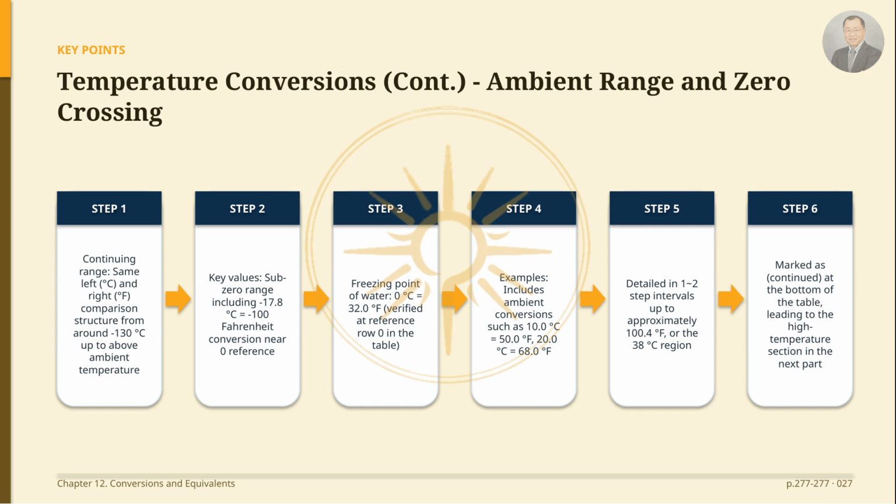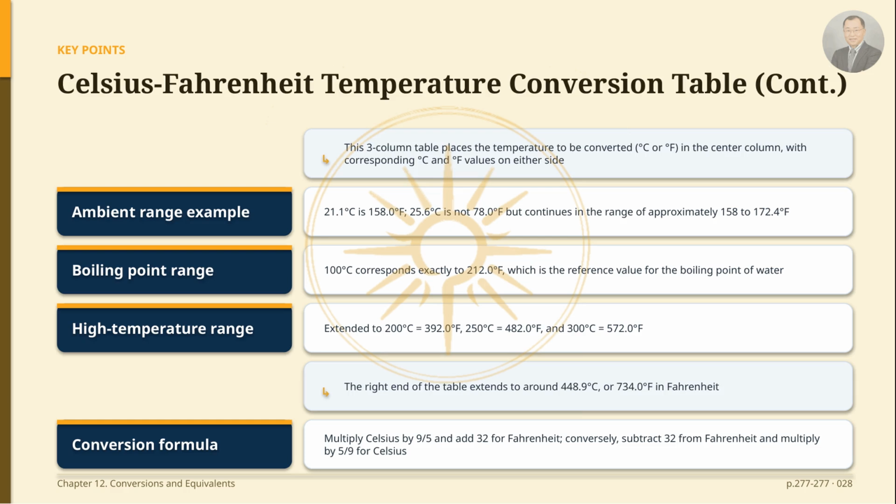This is a reference table summarizing the conversion values between Celsius and Fahrenheit. It consists of a 3-column structure with the reference temperature in the center column and the corresponding Celsius and Fahrenheit values on either side. For example, the boiling point of water, 100 degrees Celsius, corresponds exactly to 212.0 degrees Fahrenheit, and 200 degrees Celsius in the high temperature range converts to 392.0 degrees Fahrenheit.